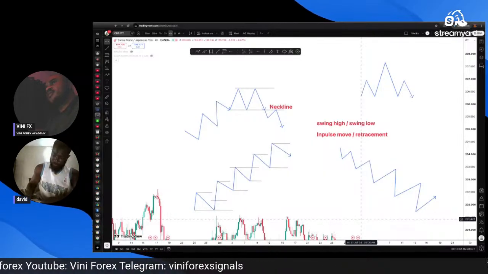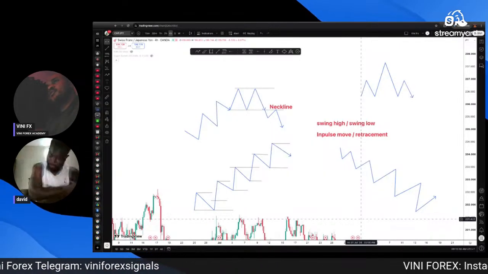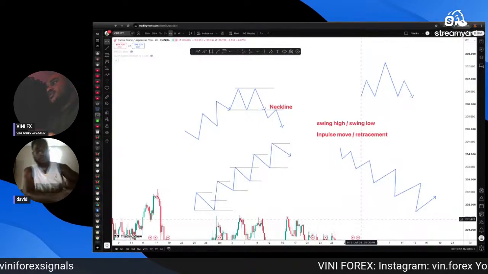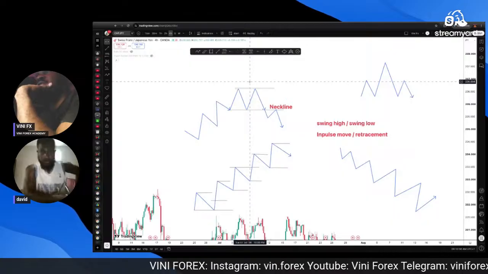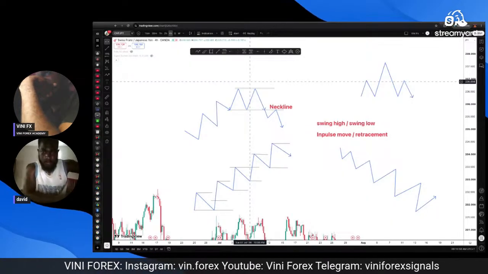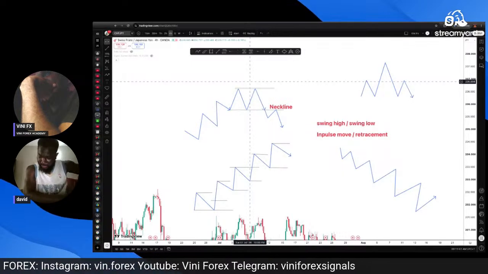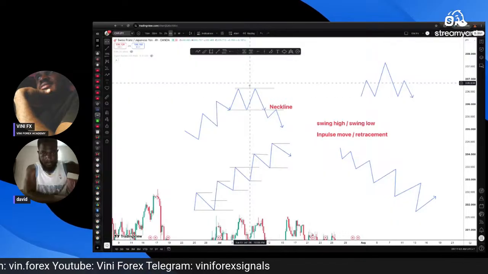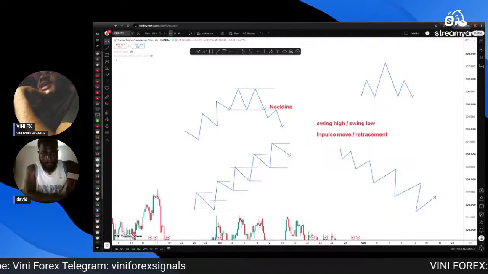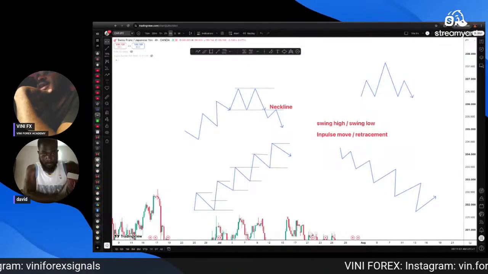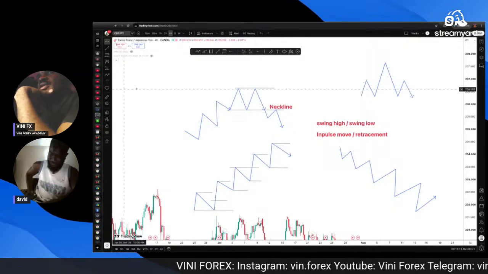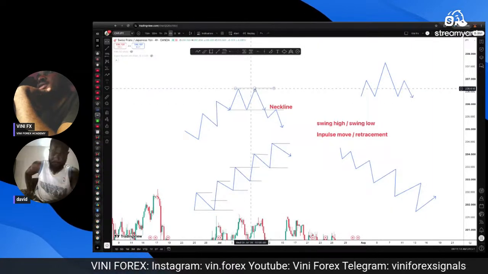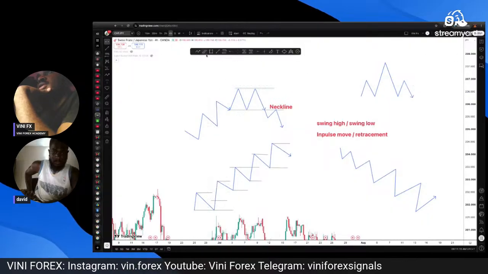A double top. Just like a double top or a triple top. What else can you call it? They call it neckline. This thing right here is called equal what?